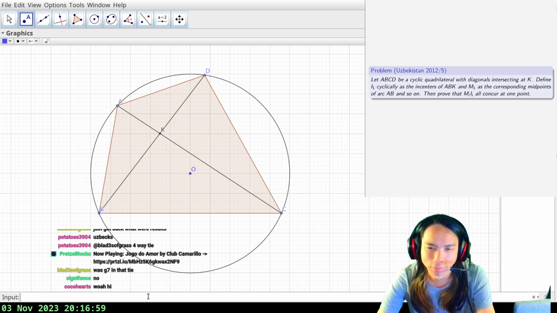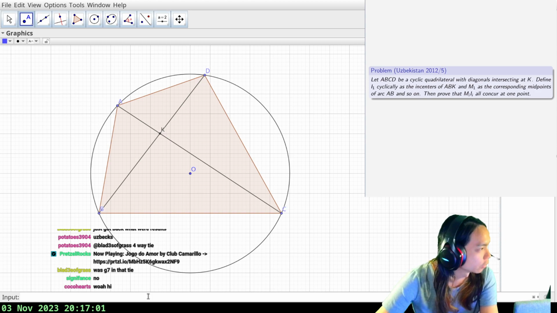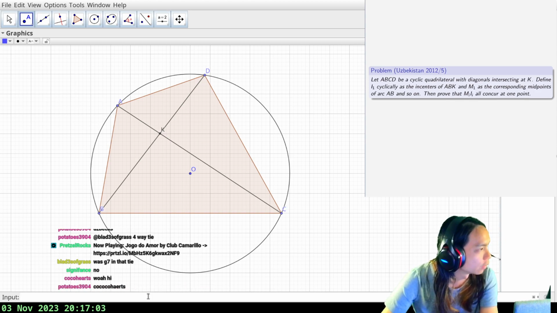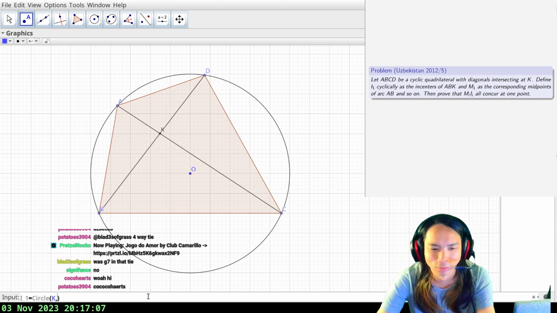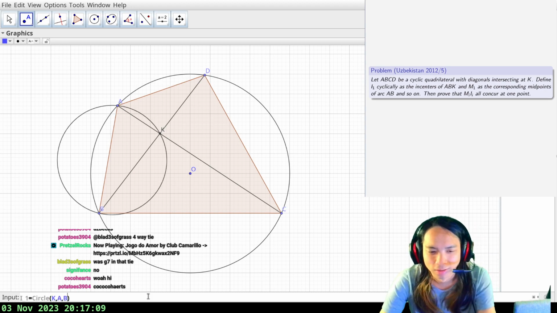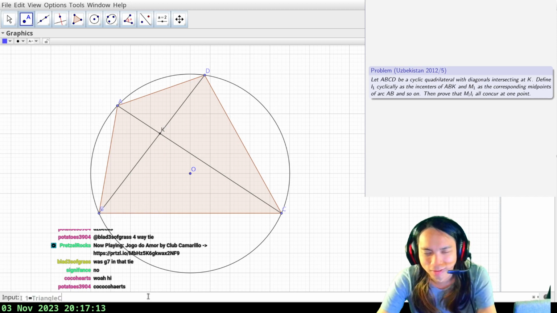Alright, cool. So, we have a cyclic quad that divides the thing into 4 triangles. KAB.